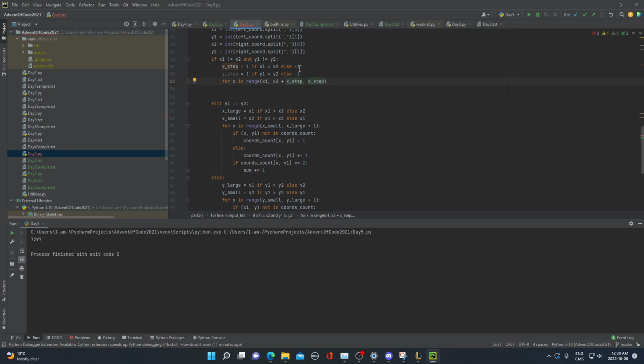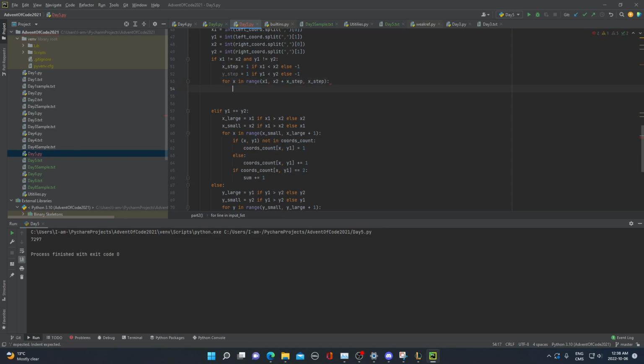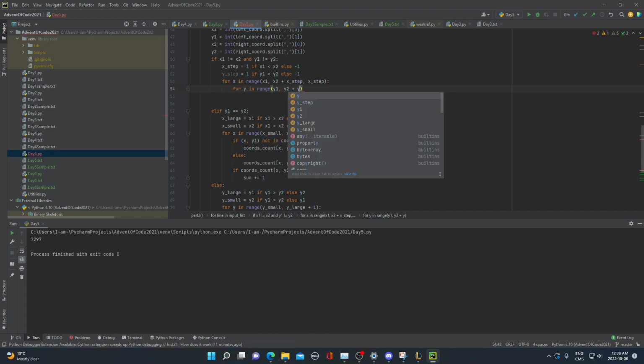And if we're going down, you subtract 1 because the stop does not include that value. And then we go for y in range y1, y2 plus y step.